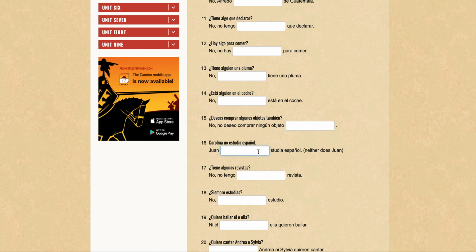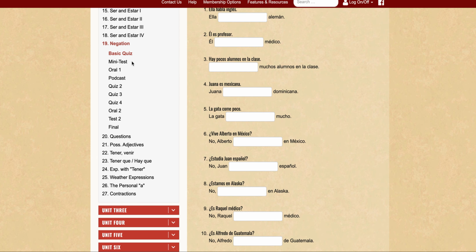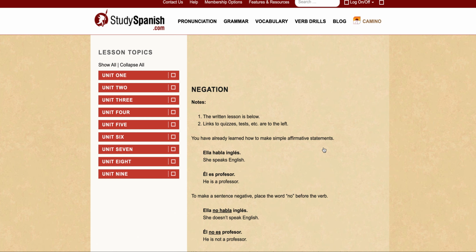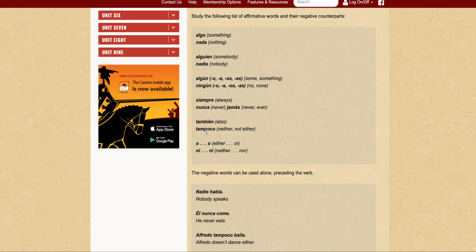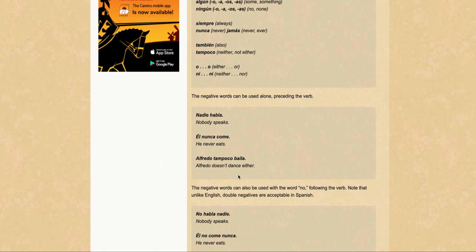So notice it's estudia, so we need to definitely add a no because it doesn't study, right? So no, and we also need to have tampoco because tampoco gives that either thing, right? Neither, either, which is a bit confusing. Now, if we go back, tampoco is either or not either. So definitely we need to use that.